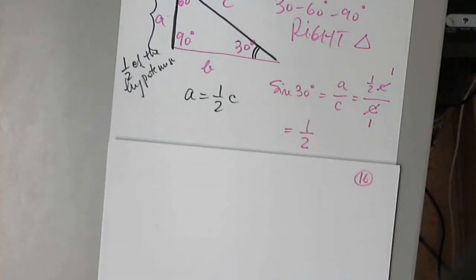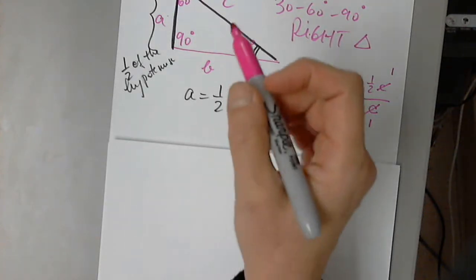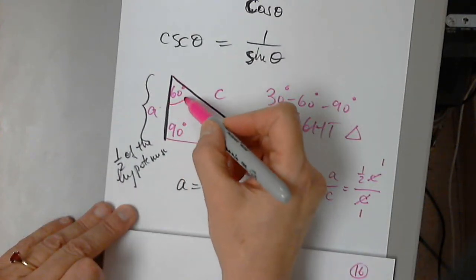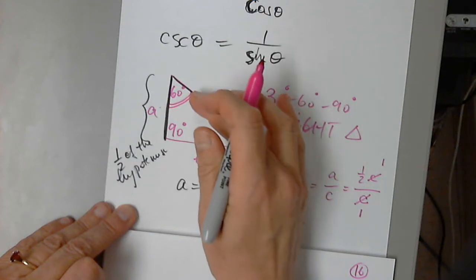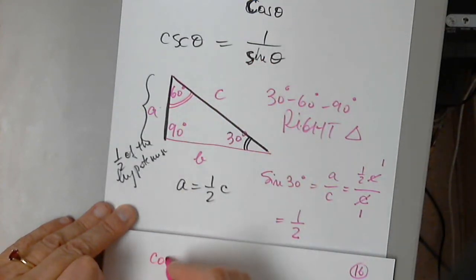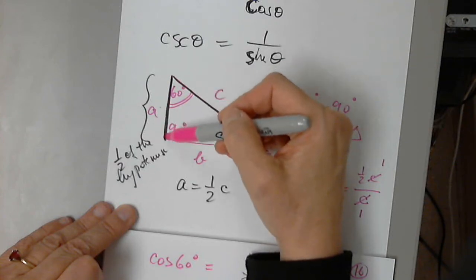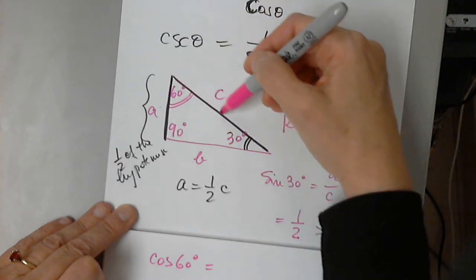Now we want to identify cosine of 60 degrees. So let's identify cosine 30 degrees, cosine 60 degrees. Cosine 60 degrees will be the adjacent leg over the hypotenuse.